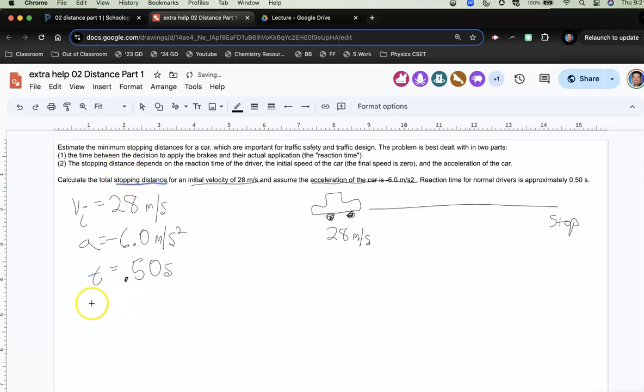Stopping distance. But which x is the question? Is it going to be xf, xi, or is it going to be a third kind of x? Let's look at our picture. When you have a driver in this car, they need to think to themselves, oh, hit the brake. But that takes time. Sure, it's short time.